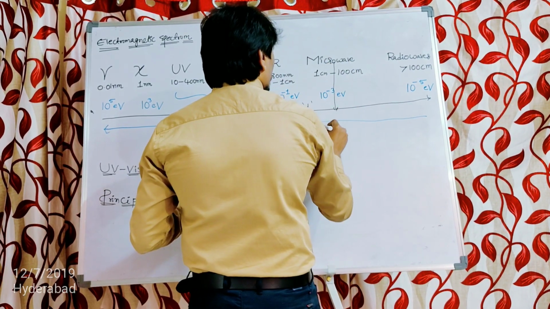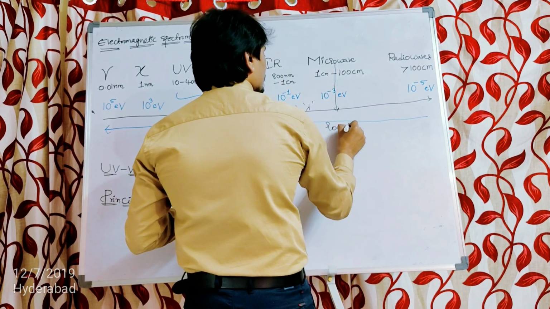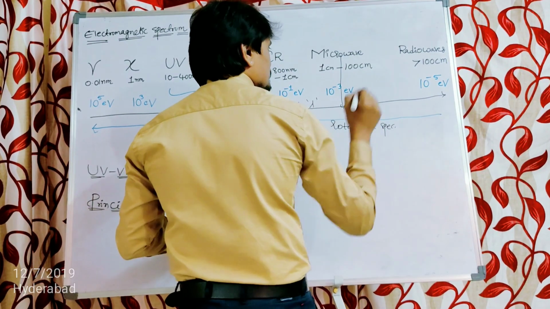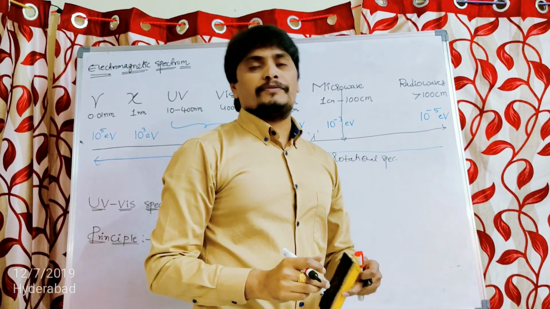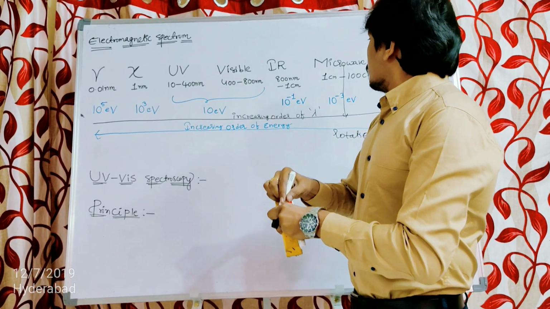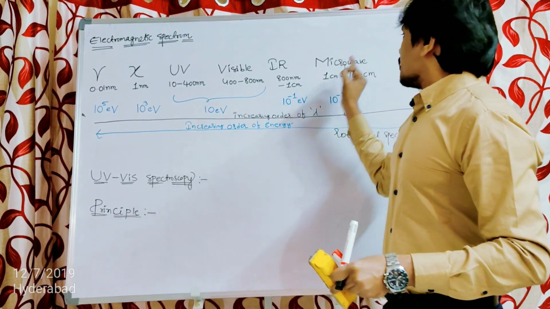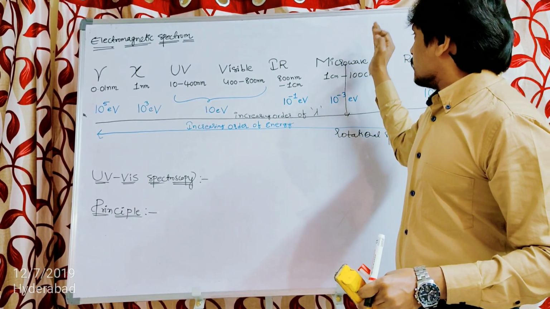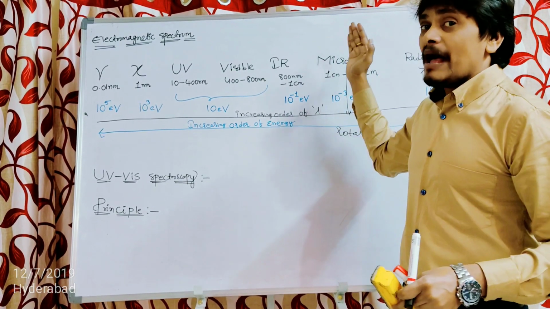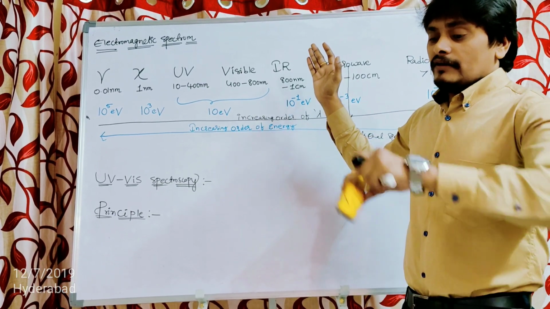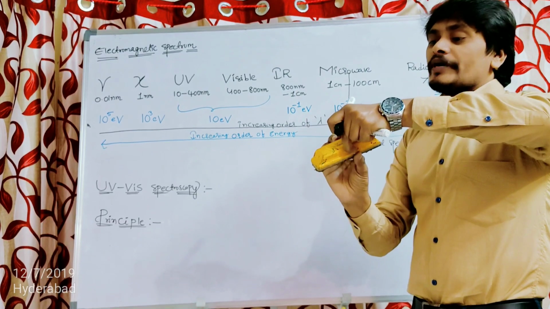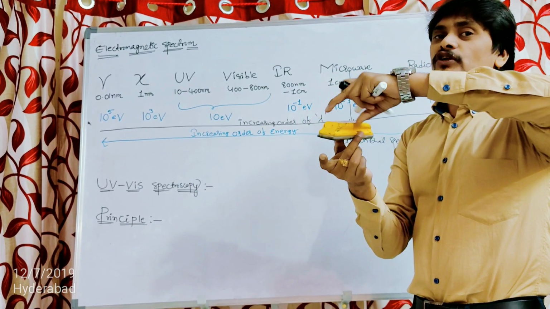Rotational spectroscopy, students. Do you remember that for the spectroscopy related to the microwave radiations, what is happening to the sample? The molecules present in the sample are rotating, so it is facilitating only the rotation of the molecule.